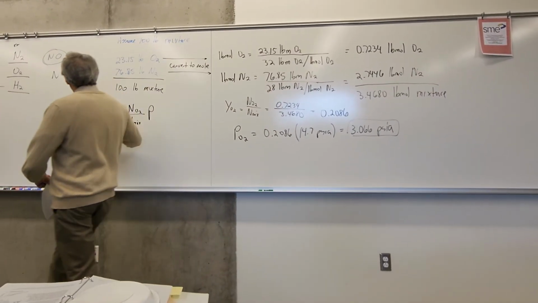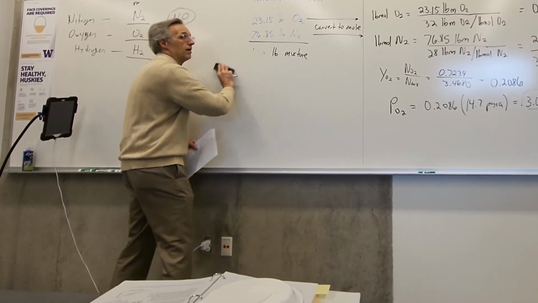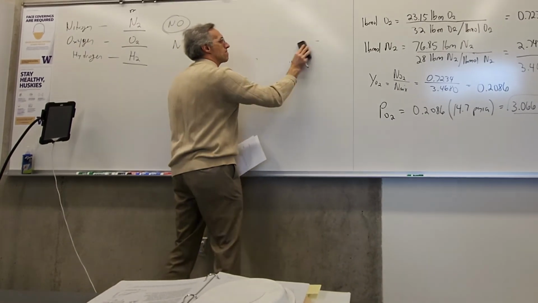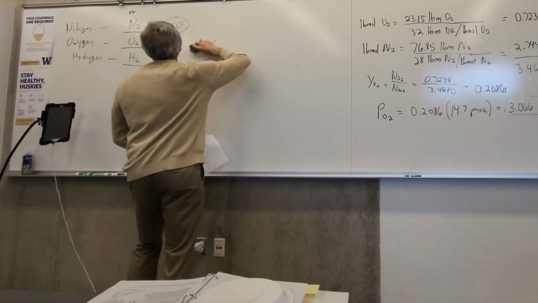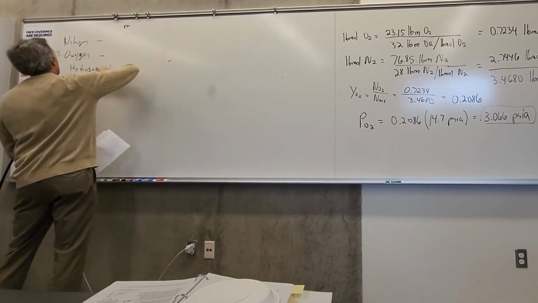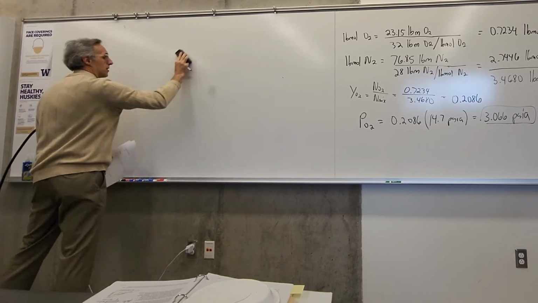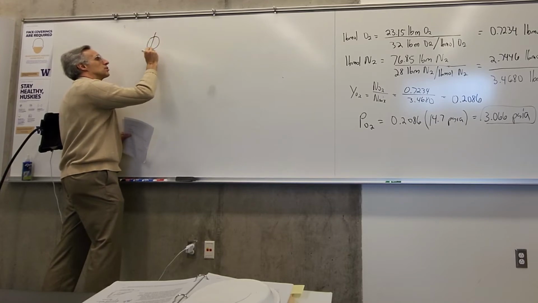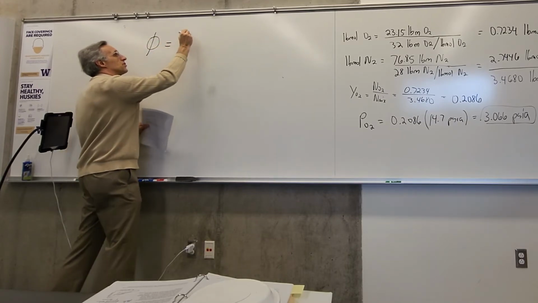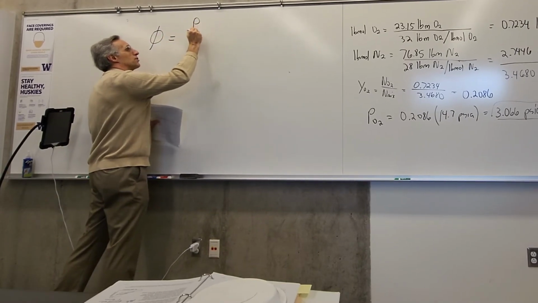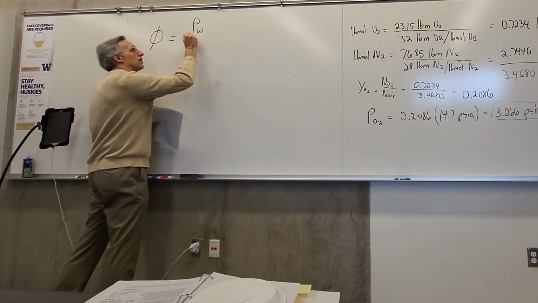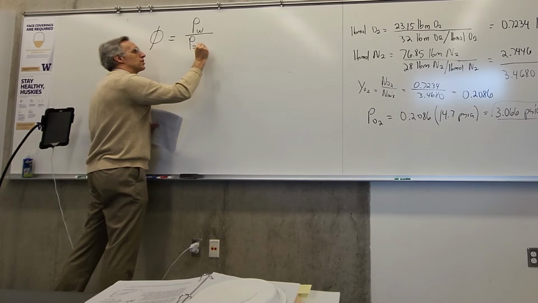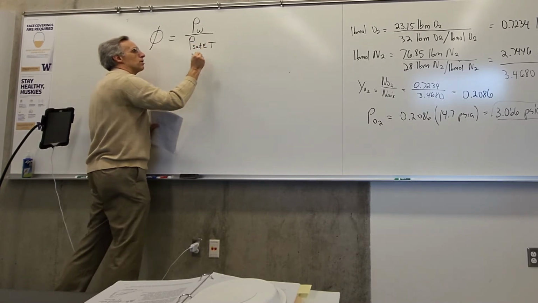And relative humidity, by definition, is the ratio of the partial pressure of the water vapor in the air to the saturation pressure at the dry bulb temperature.